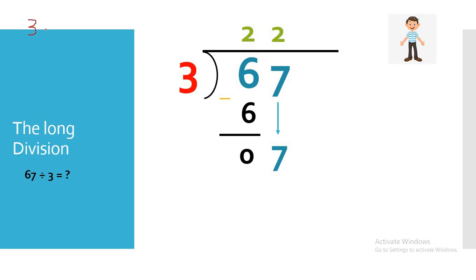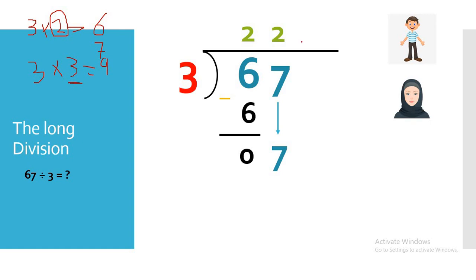We know that 3 times 2 equals 6, and 3 times 3 equals 9. We don't have 9 counters. We have 7 counters only. So we cannot make 3 equal groups, but we can make 2 equal groups. So the answer is 2.